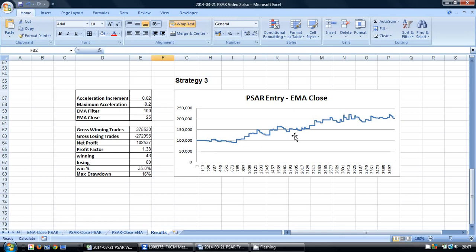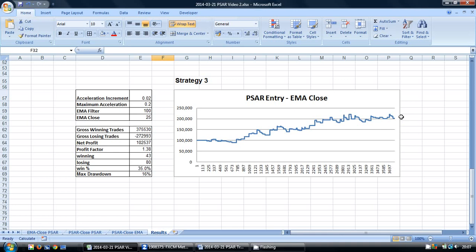Again, looking at our equity curve here, this looks pretty good to me. We're showing a consistent upward movement right up to, again, the present day, and we can never extrapolate too much from these, but the indications are that this strategy will continue to be profitable into the future.